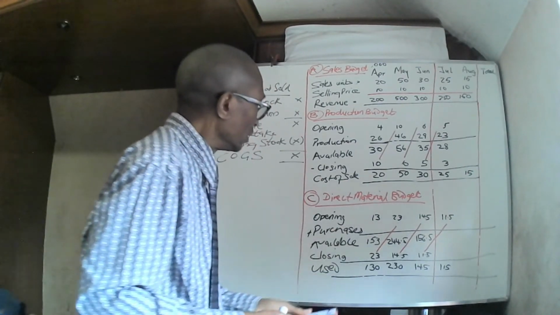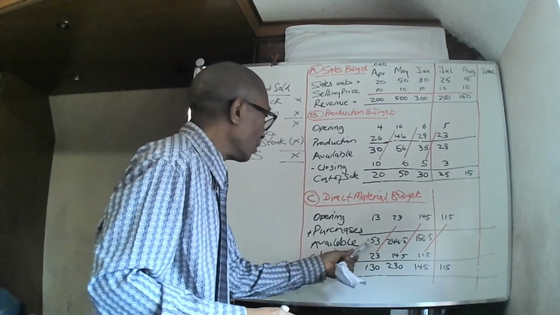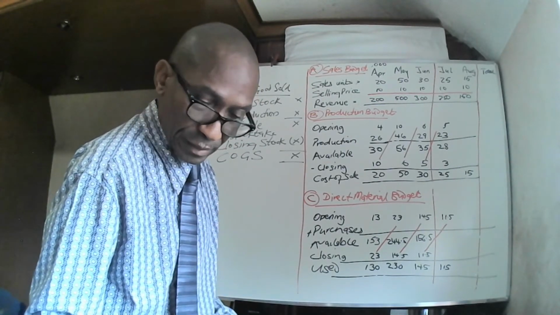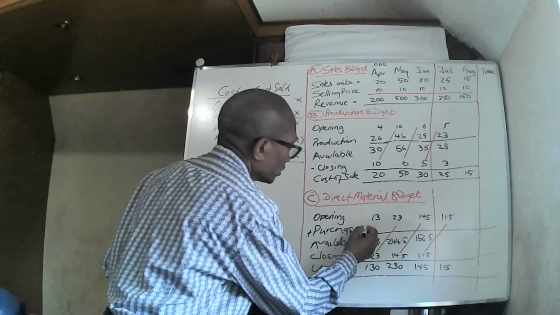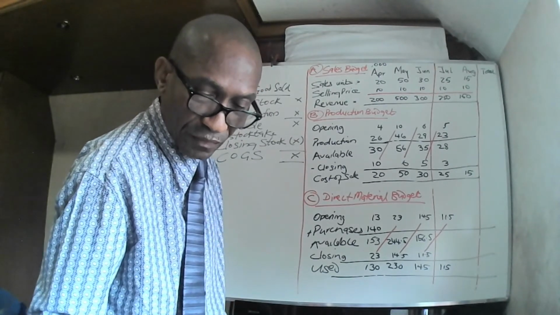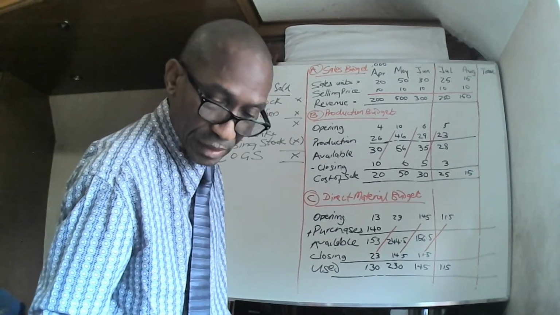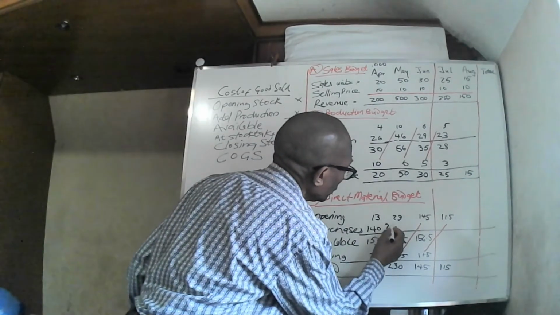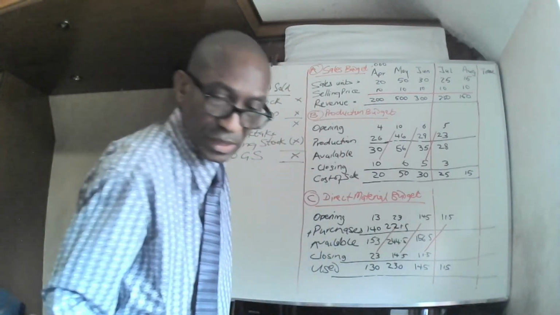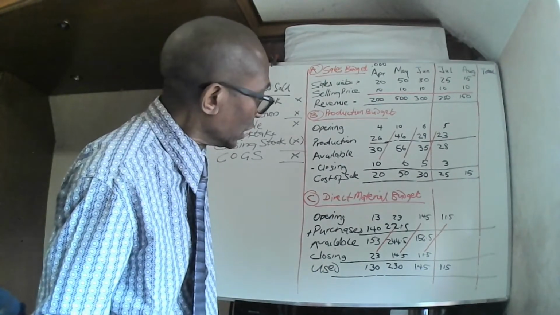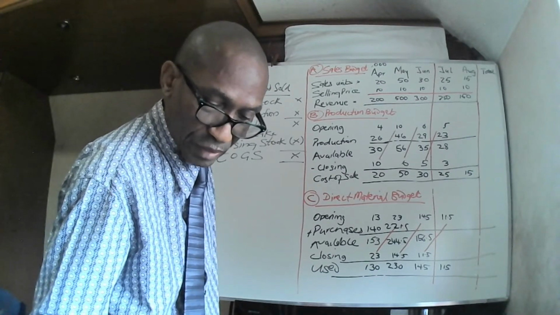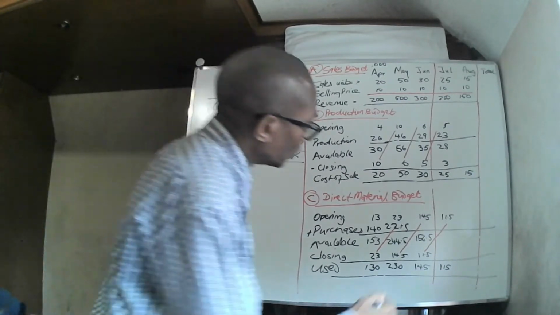So the purchase will be total available less the opening stock. 153 minus 13, 140 was purchase. 244.5 minus opening 23, 221.5, and then 156.5 minus 14.5, 142.